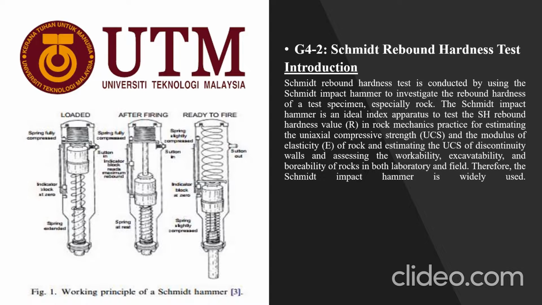The Schmidt impact hammer is an ideal in-situ test apparatus to test the rebound hardness value, symbol of R, in rock mechanics practice, for estimating the uniaxial compressive strength, symbol of UCS, and the modulus of elasticity, symbol of E, of rock, and estimating the UCS of discontinuity walls, and assesses the workability, excavatability, and drillability of rocks in both laboratory and field. Therefore, the Schmidt impact hammer is widely used to determine the rebound hardness of a test specimen.